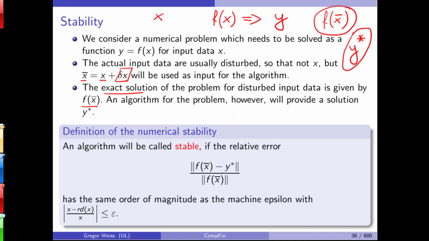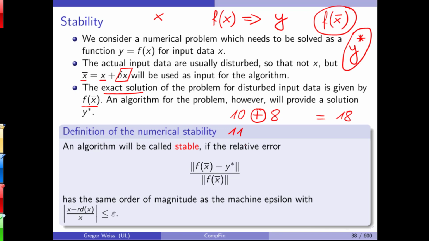Let's make a very simple example. Let's count the students here. Let's say we have 10 here. On the right hand side, let's say 8. And the data is now correct. And now I have an algorithm that computes the total number of students, and I will say, well, this is my algorithm plus, and the result will be 18. Now, if I miscount the number on the left-hand side, let's say the data is 11.